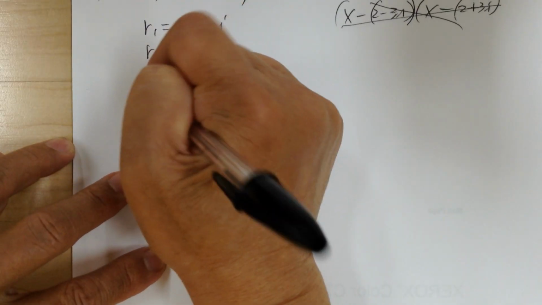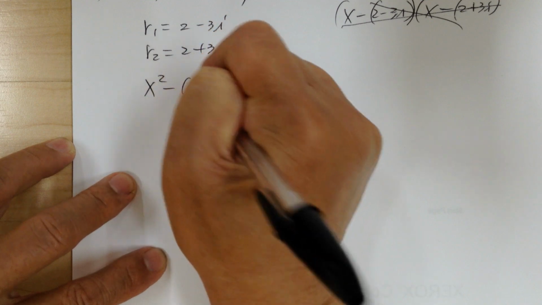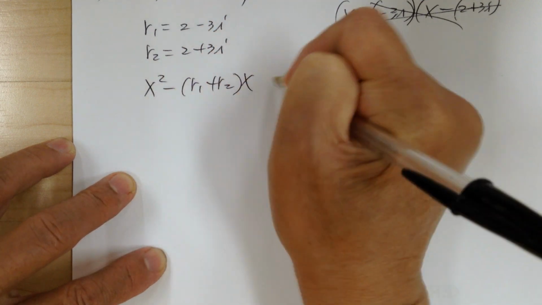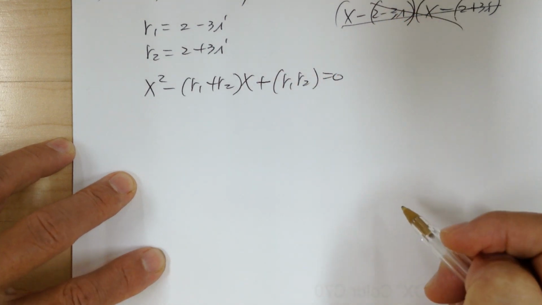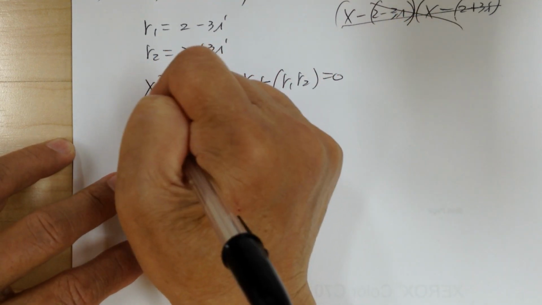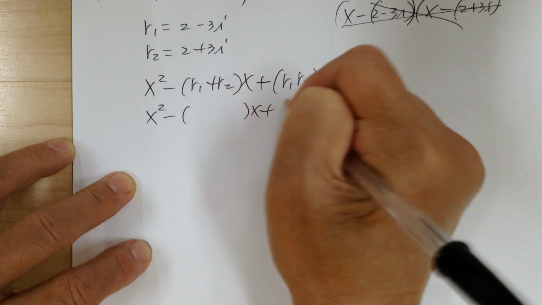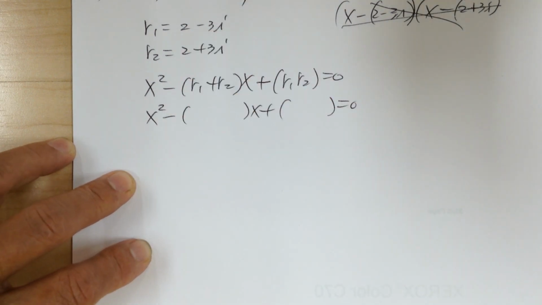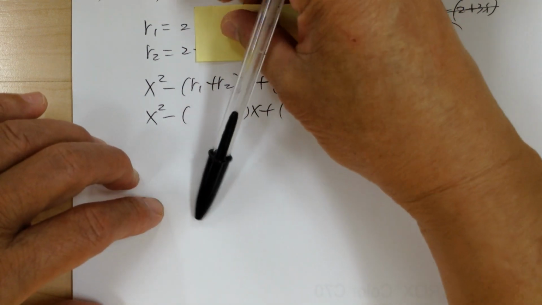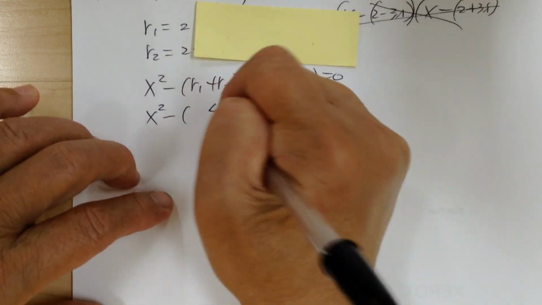So the root equation is x squared minus (r1 plus r2)x plus r1 r2 equal to 0. So you're going to have x squared minus. When you add, the imaginary parts cancel out. So you're going to get 2 plus 2, you get 4.